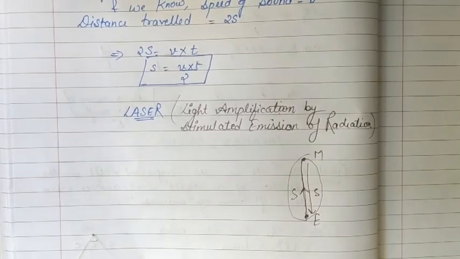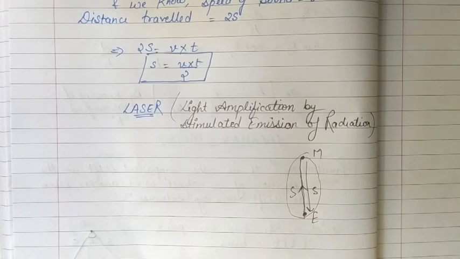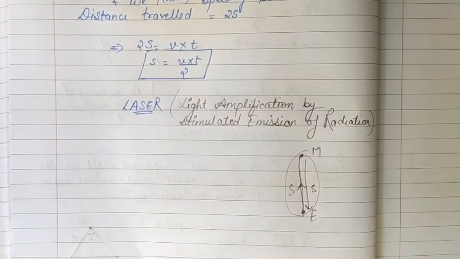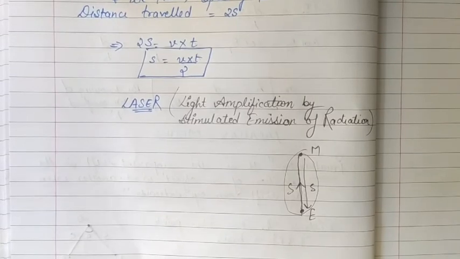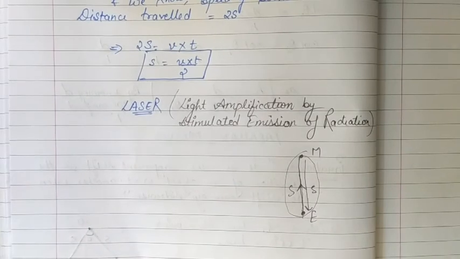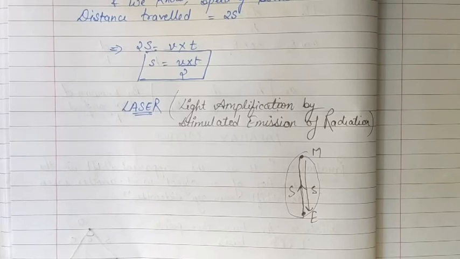Suppose the time observed is t and the speed of laser is always c, that is the speed of light. c is equal to 3 into 10 to the power 8 meter per second. So by knowing the speed and observing the time, we can find the value s. So what we are doing, we take a laser beam, send it towards the moon, observe its reflected pulse and record the time that elapsed between the instant the laser beam is sent and the beam is received back.